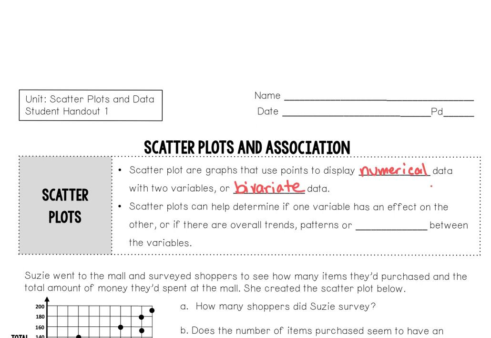Scatter plots can help determine if one variable has an effect on the other, or if there are overall trends, patterns, or associations between the variables. Okay, so we're looking for some type of relationship, some pattern. How are they associated with each other?